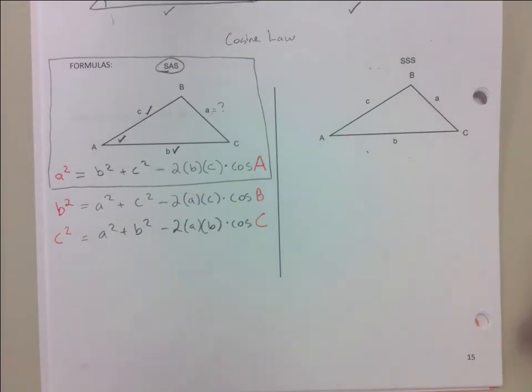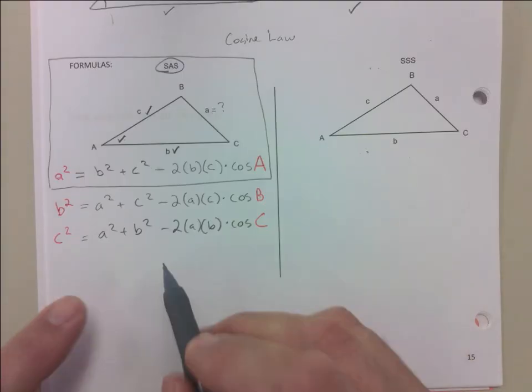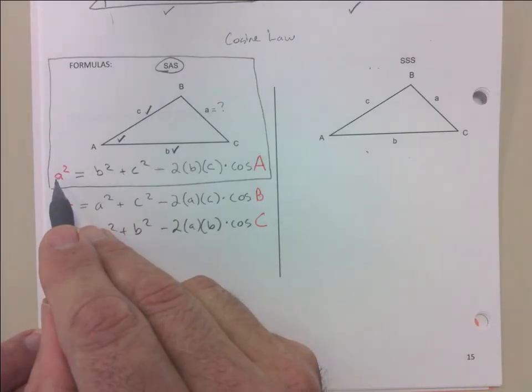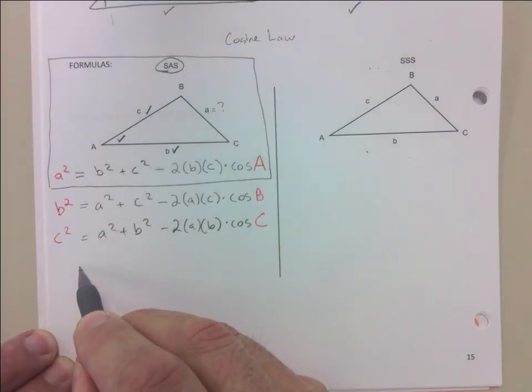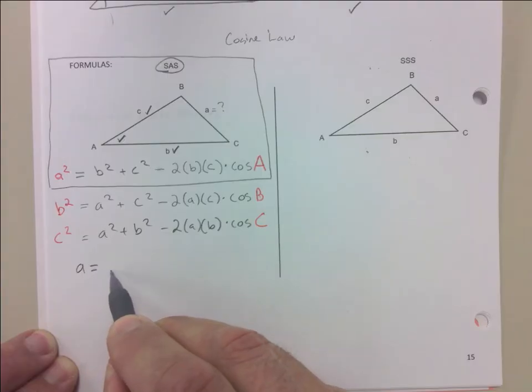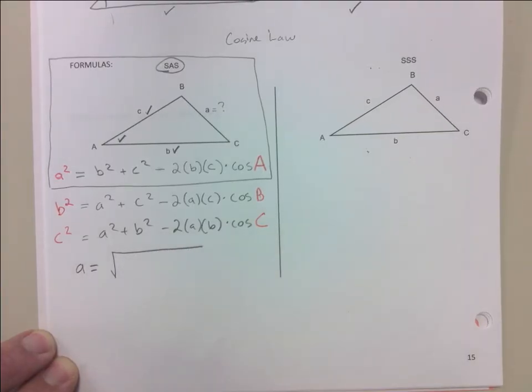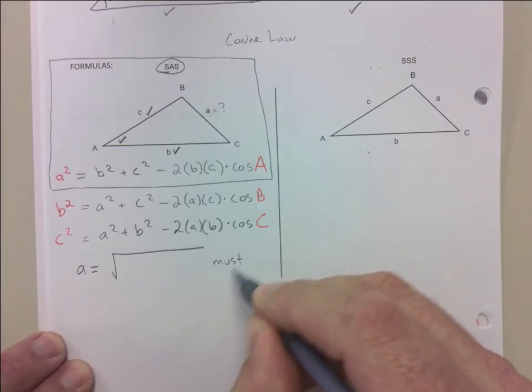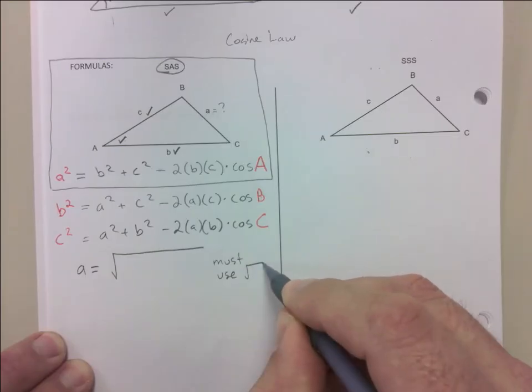One more thing that I would like you to add to your study sheet. If you're doing the SAS, in order to find A, you're gonna have to square root at some point, okay? Must use square root.